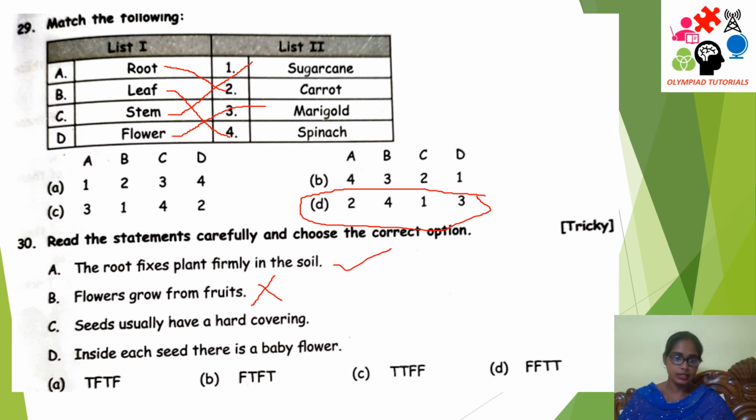Fruits grow from flowers. Seeds usually have a hard covering. This is correct, true. And D, inside each seed there is a baby flower. This is also a wrong statement. So first is true, next is false, third is true, fourth is false. So option A is going to be the correct option.